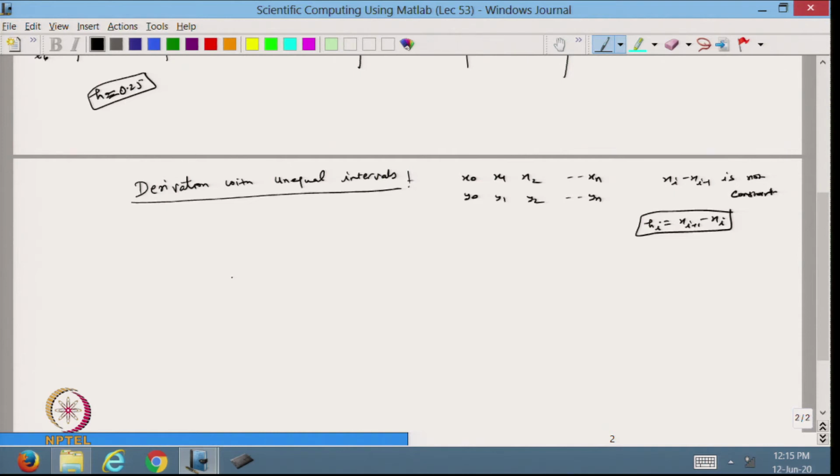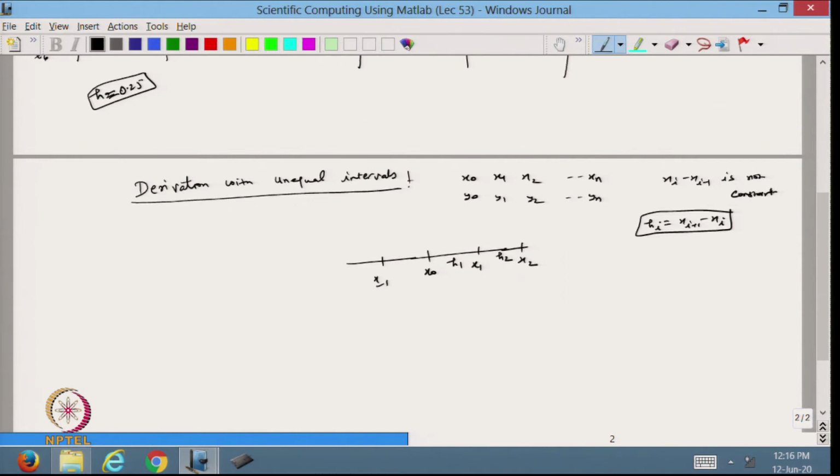Now suppose I want to find the derivative. Suppose my x0 is this, and I take x1, and this is my x2. Suppose this is my h1 and this is my h2.